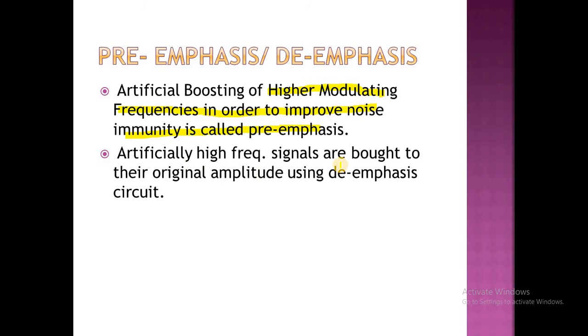Artificially boosted high frequency signals are brought back to the original amplitudes by using the de-emphasis circuit. De-emphasis is just the reverse process of pre-emphasis. Pre-emphasis and de-emphasis are reverse. Whereas in pre-emphasis we are boosting the higher modulating frequencies in order to improve the noise immunity.